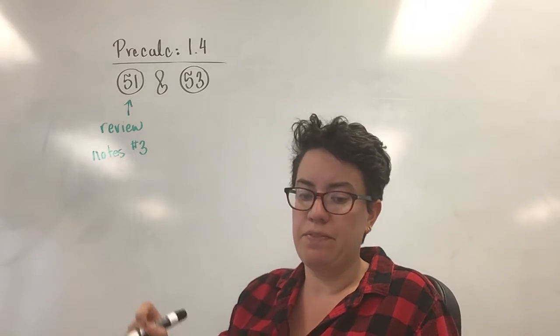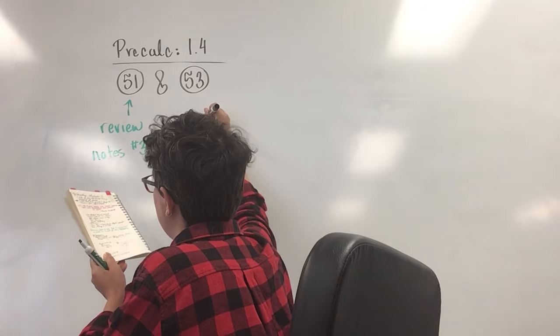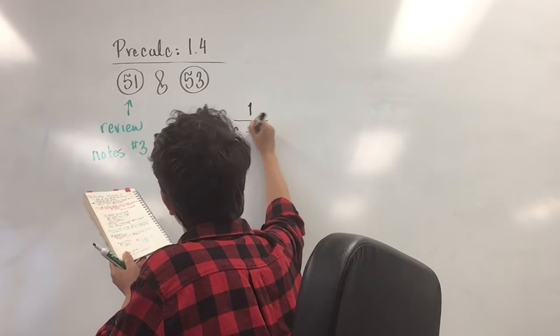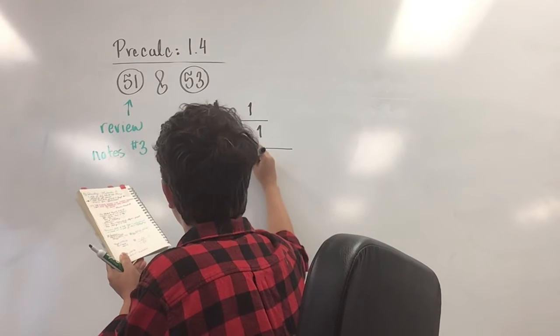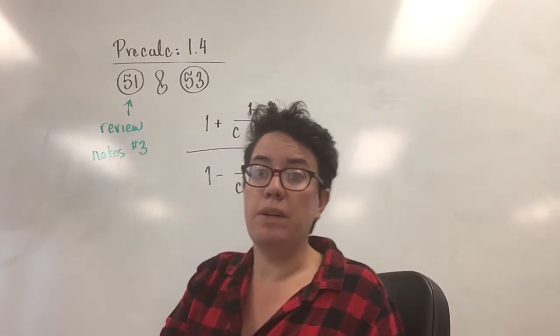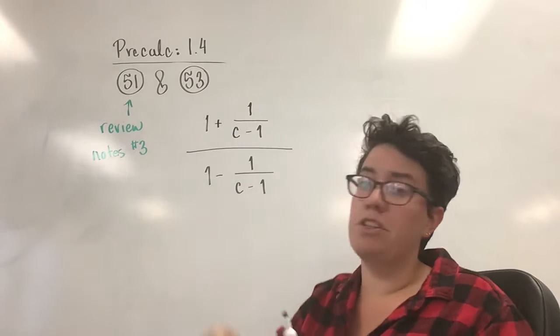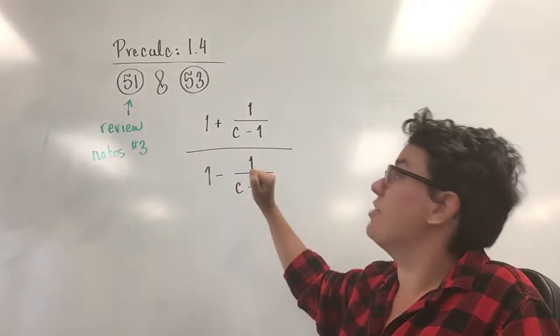So problem number 53 in the book is (1 plus 1 over c minus 1) all over (1 minus 1 over c minus 1). So in this case, again, it's going to look like the notes number 3 problem because we have fractions inside of fractions.